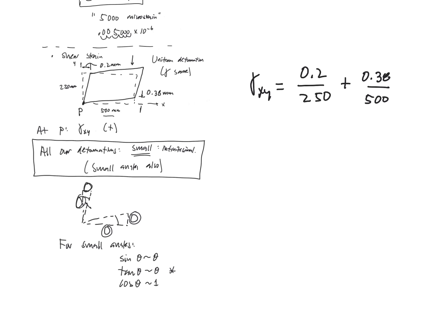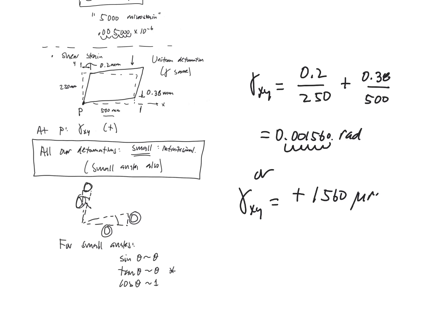And when we do that, we get 0.00156 radians. Or we could leave it off, it's dimensionless. But again, what we're going to do is 1, 2, 3, 4, 5, 6. So we're going to say gamma xy is equal to plus 1560 microradians. And so we get to use it for the angle as well.